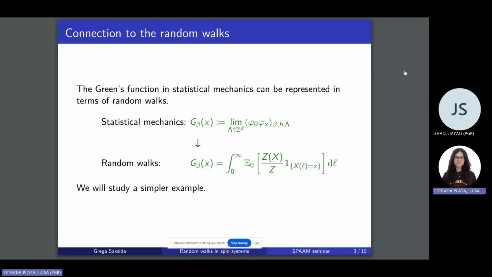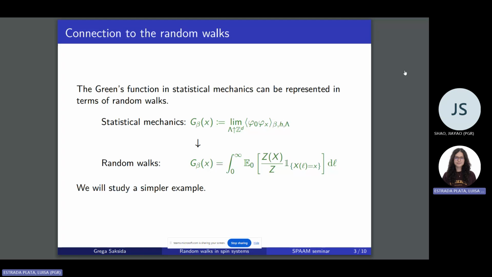And we integrate over all the possible random walks. So it does look more complicated, but the reason this is useful is because once we represent this using random walks, we can use some techniques that are available from analysis of random walks to try and analyze asymptotics of this function.